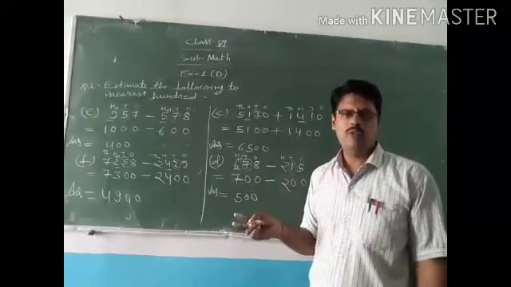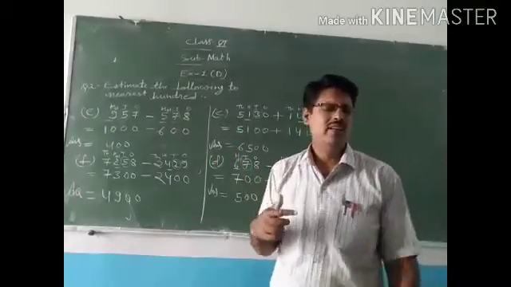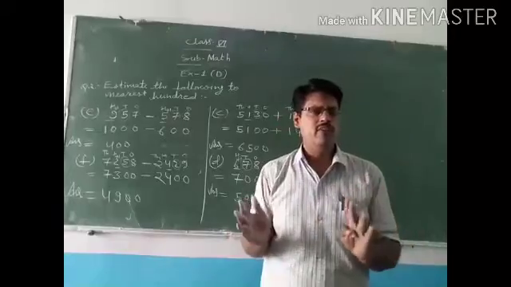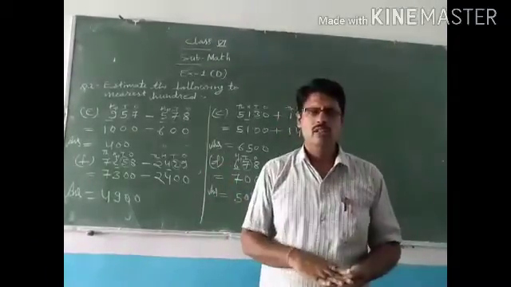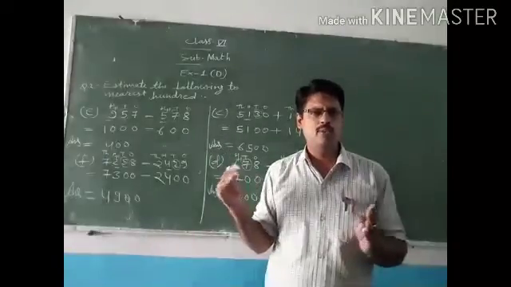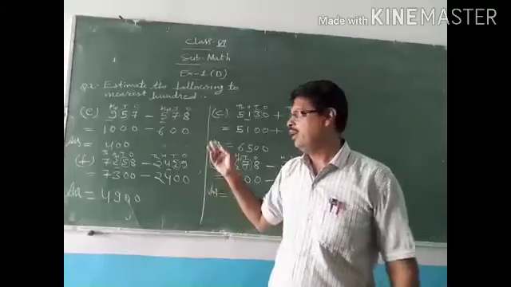So this is the method. Both methods I have told. First you can see the number and then think between which and which numbers it is coming. Okay, and after that, this number is nearest to which number, you can observe nicely and write.